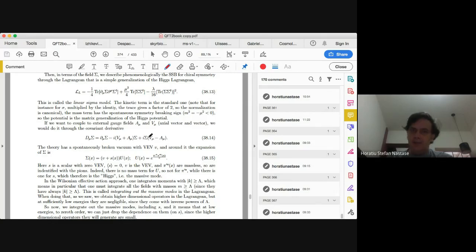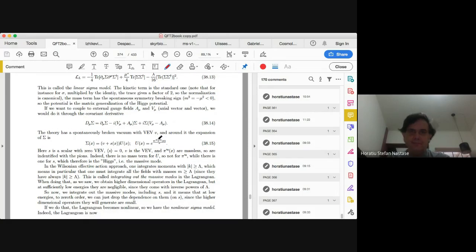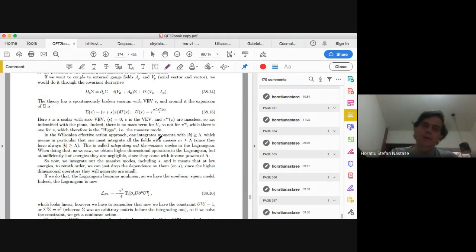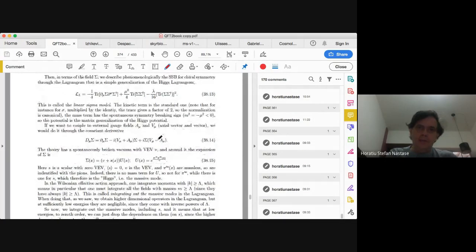So plus I sigma times V mu minus A mu. Okay. So coupled to external gauge fields, I just replaced the normal derivative with a covariant derivative.